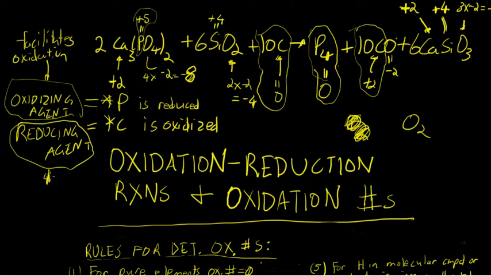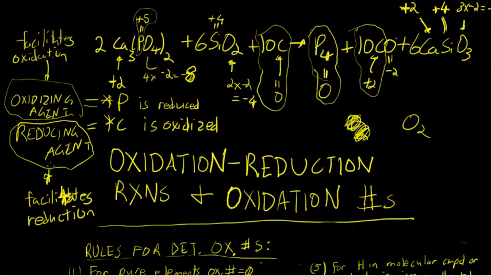And what's oxidized here, carbon is oxidized, its oxidation number goes up from 0 to +2. It's called a reducing agent because it facilitates reduction. So it's oxidized, facilitates reduction, hopefully you can read that.